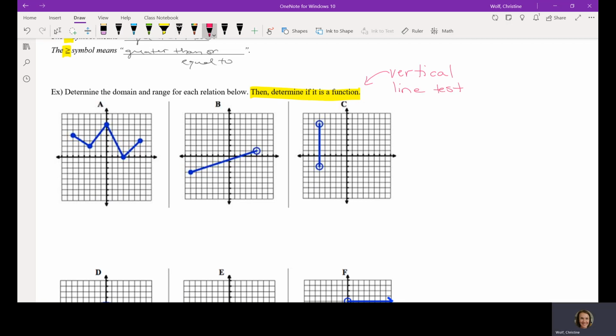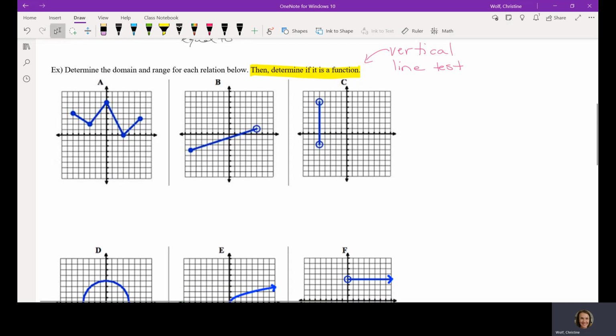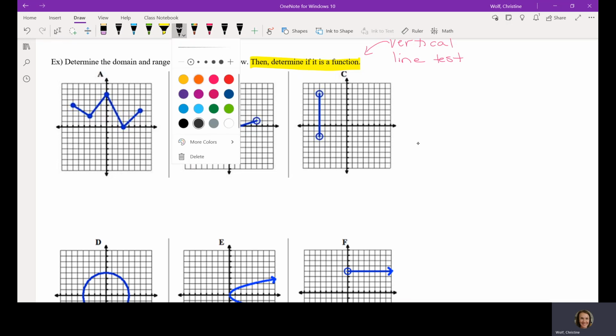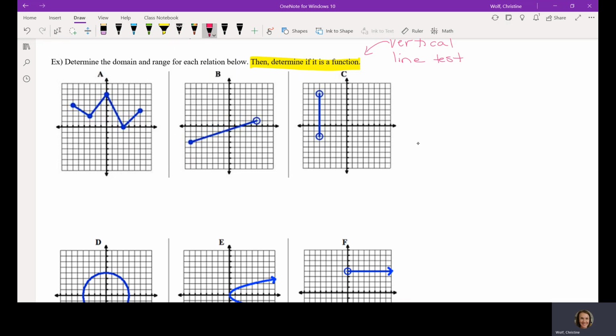All right, so first question here. Determine the domain and range of this graph A. Okay, so we know domain means, I'm actually going to change to red. We know that domain, so I'm going to identify it with a D, and then I'm going to open up my squiggly bracket. That's how we identify domain in the other lesson as well. Okay, same thing.